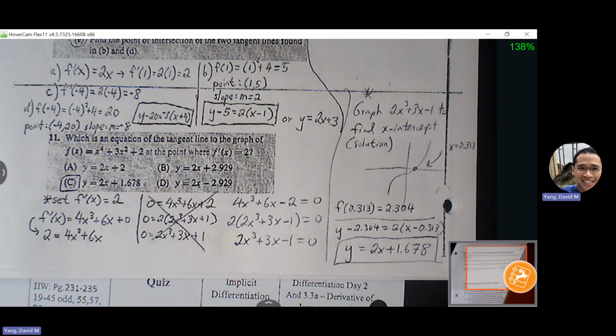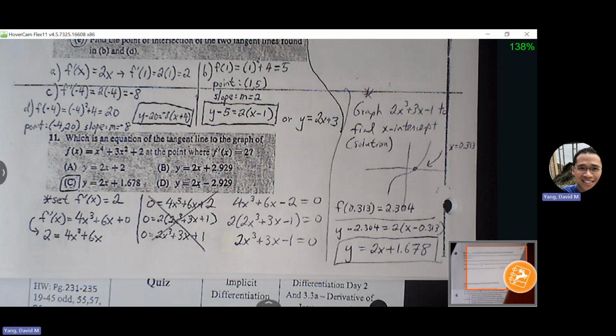This is more of an AP style problem on the calculator section, where we have to rely on the calculator. We graph this function and then look for the x-intercept. That is a way to find the solution with the calculator if we're not able to do it by hand. We simply look to see when this graph is going to cross the x-axis, and that's going to be our approximated solution.